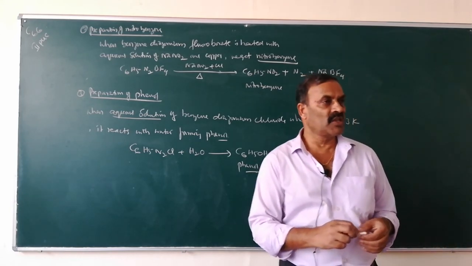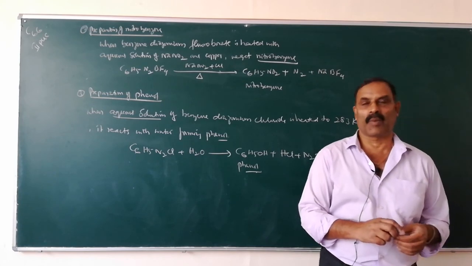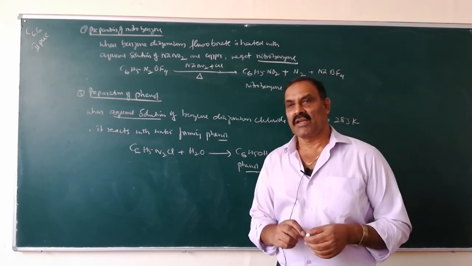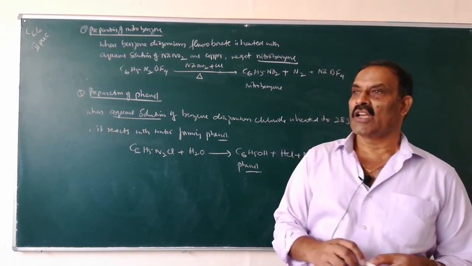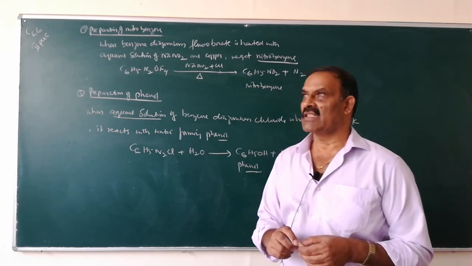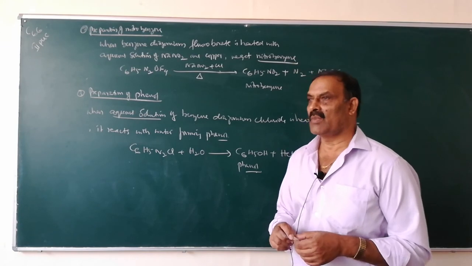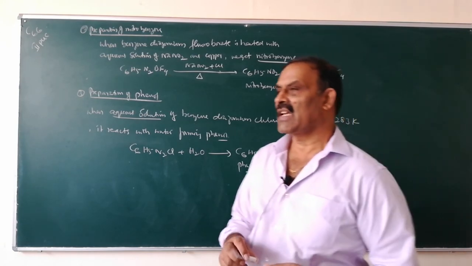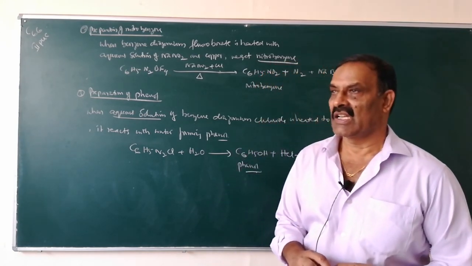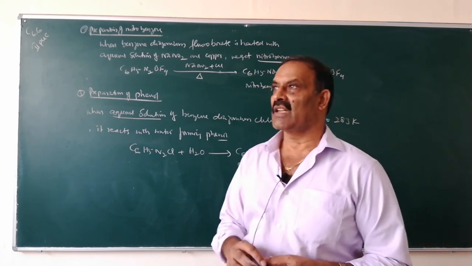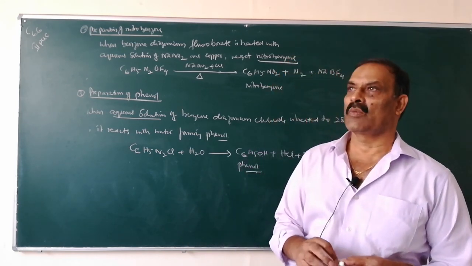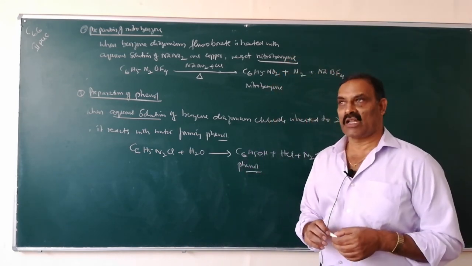So it should be used as and when it is prepared. So it cannot be stored for a long time because it is an unstable compound. But when it is dissolved in water, it can be stored for a little time. But when the temperature of water is raised, it reacts with water forming phenol.